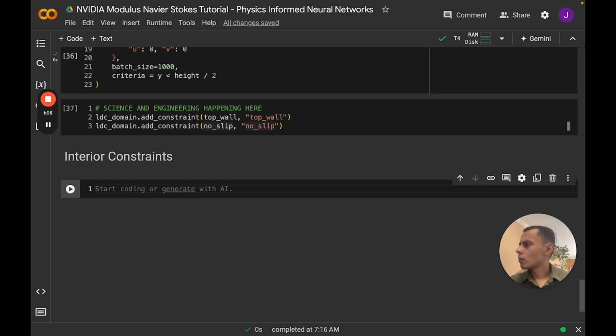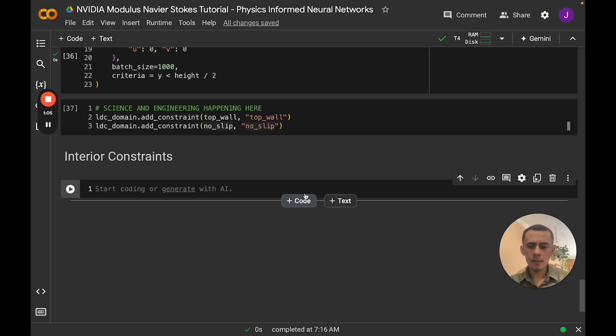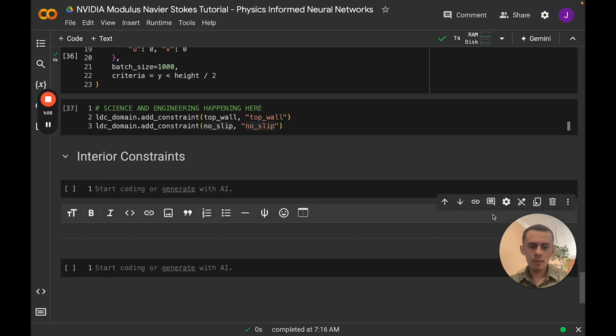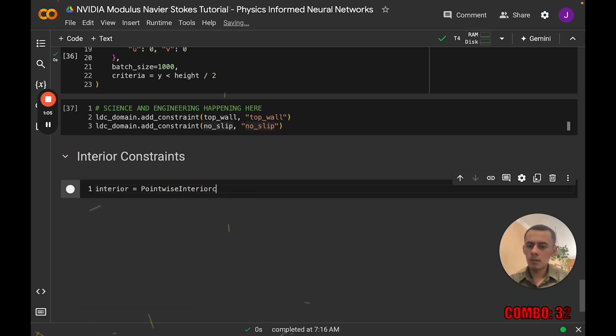Yep, so that's what we have right now. I guess I can code it up. So interior, very quickly, it's a pointwise interior constraint.